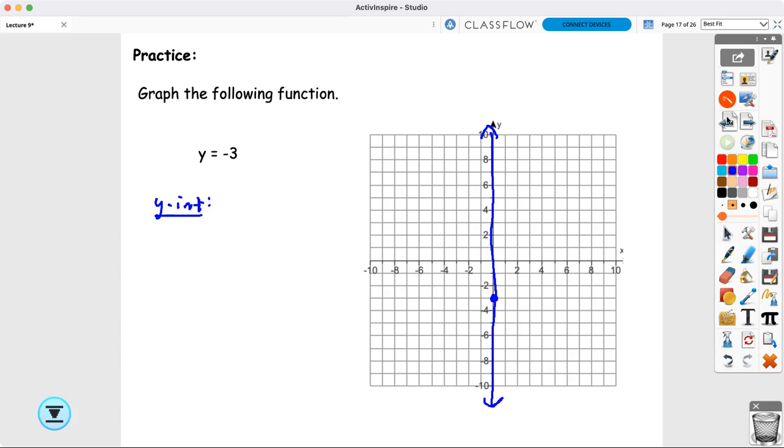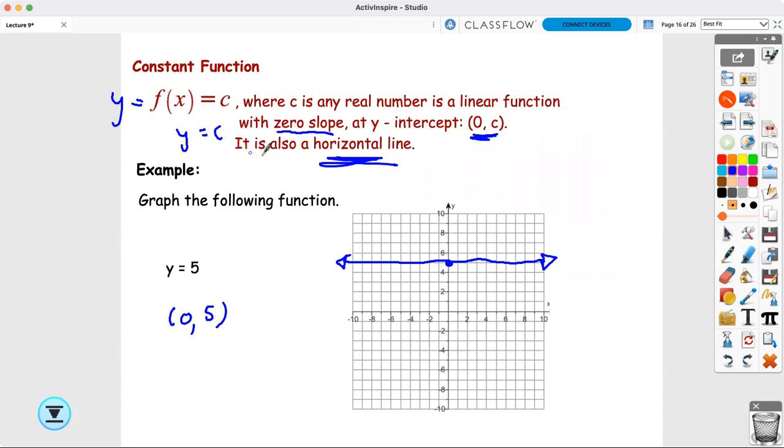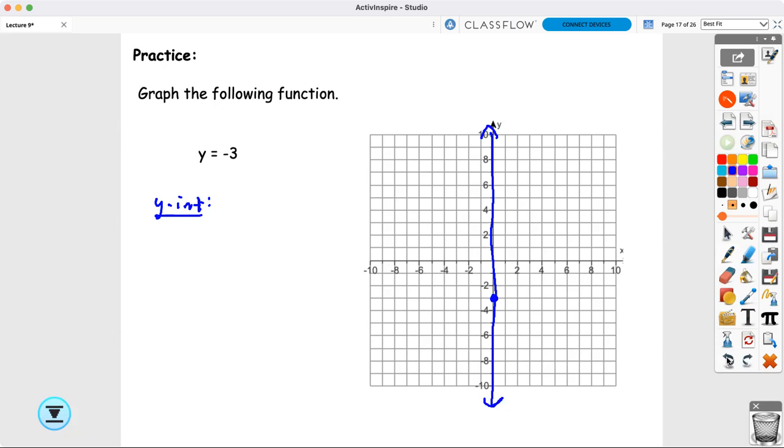Let's go back to the information side. What kind of line is a constant function? What kind of line should it be? Oh, horizontal. Okay, I see. Horizontal. So let's go back over here. So how would you change the line now? To go just horizontal.